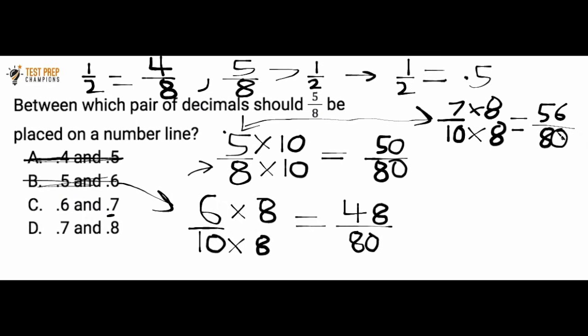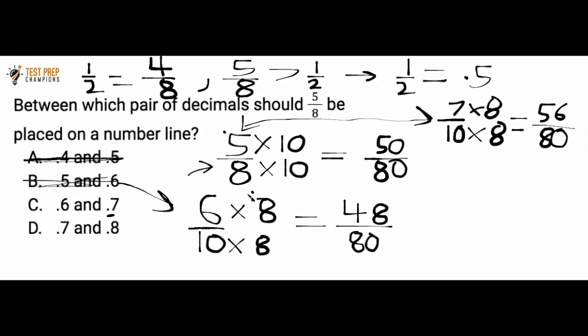All right, so what is a bigger number, 56 or 50? Well, hopefully you see that 56 is a bigger number. So basically, we can see here that 48 over 80 is smaller than 50 over 80, but 56 over 80 is bigger than 50 over 80.